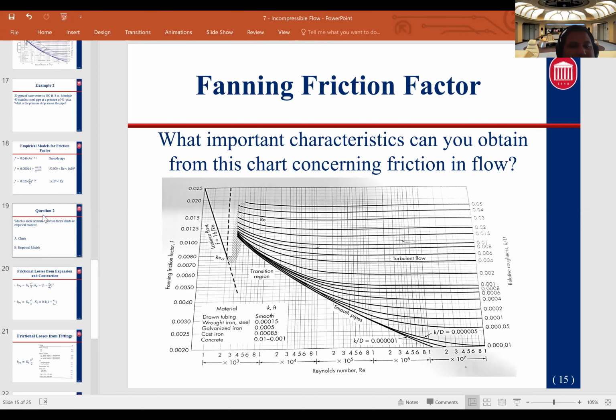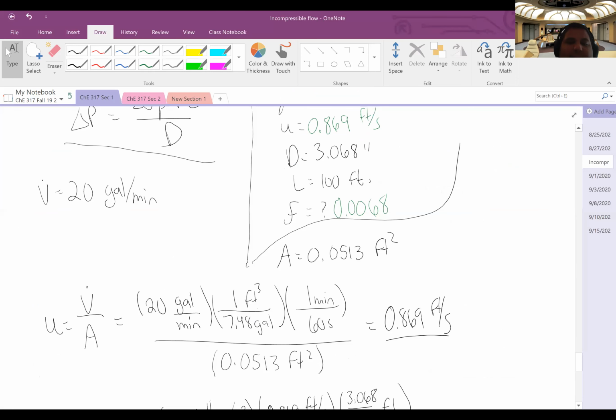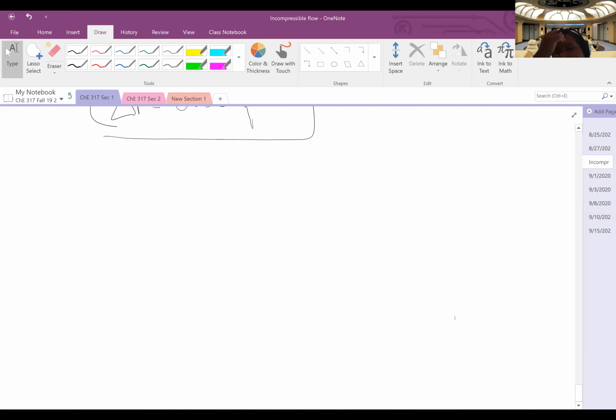So, all right, the next point of discussion is additional considerations for frictional dissipation within flow systems. What I mean by that is, up until this point, we've primarily only discussed frictional dissipation due to shear and skin friction.